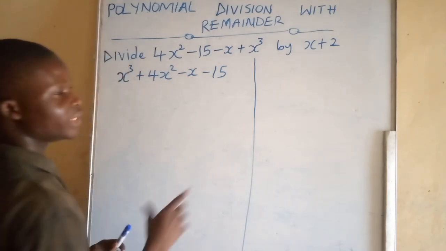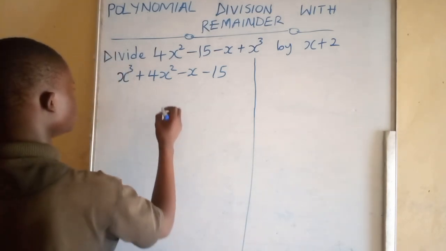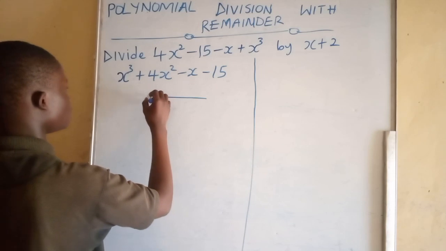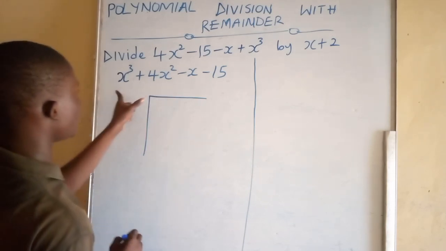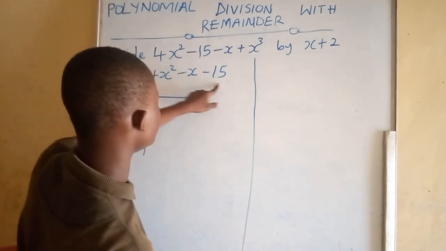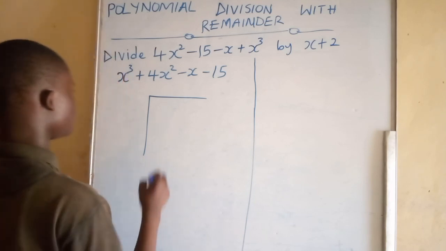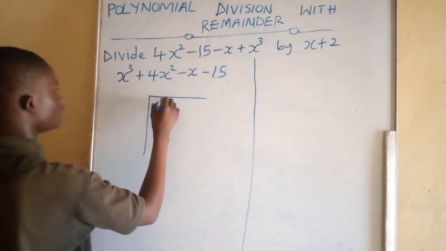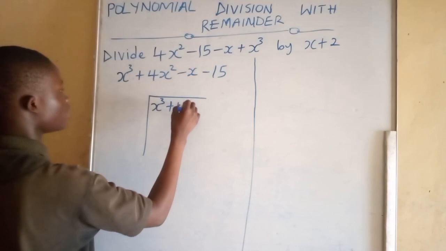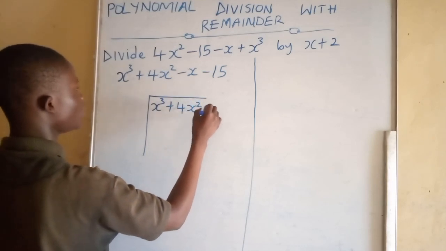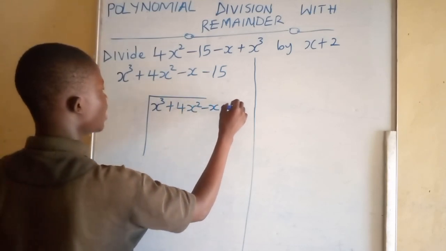Now, the next thing is to what? Draw a table. Put your dividend. We refer to this as a dividend: x cubed plus 4x squared minus x minus 15.